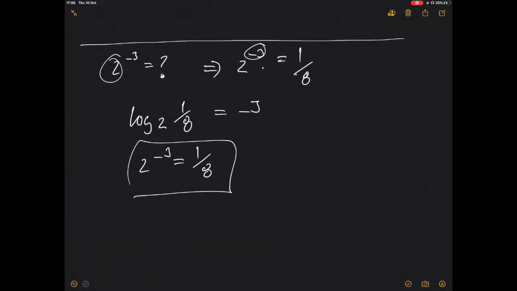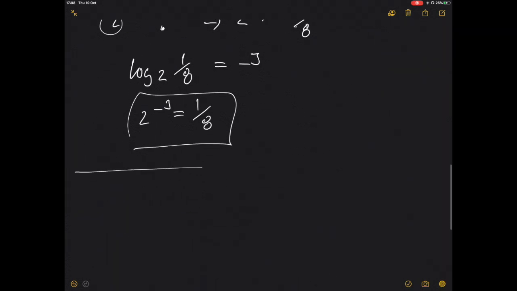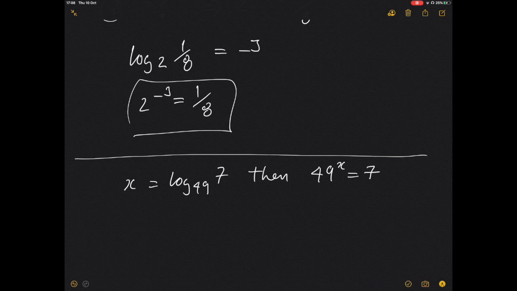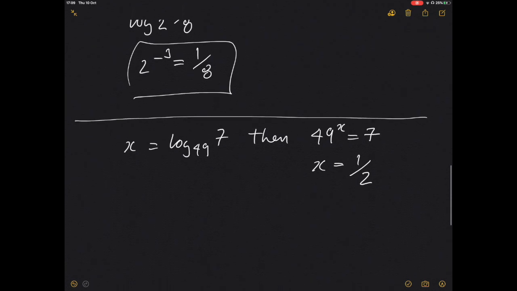So we can also evaluate logarithms. This is actually using them to help us with calculations. So maybe if we have something like x equals log base 49 of 7, then we can say that 49 to the x equals 7, which means that x equals 1 over 2, because that would be a square root, a half.